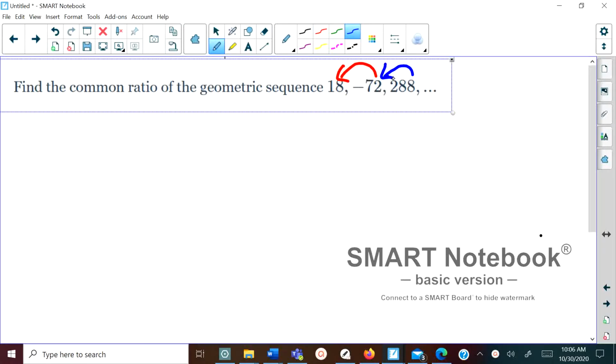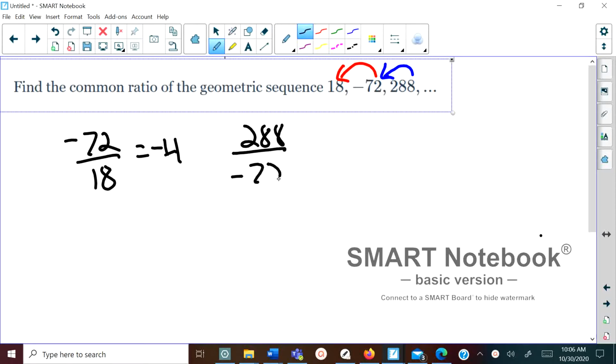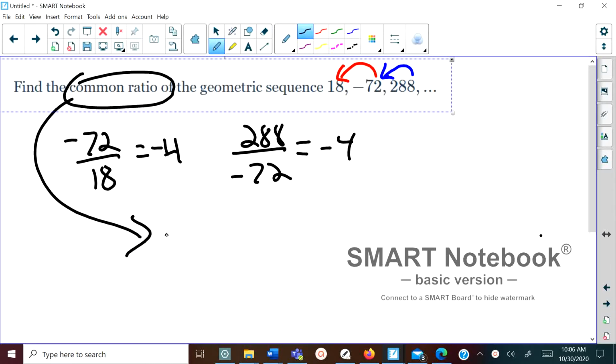So -72 divided by 18, type that in the calculator, and you get -4. And then 288 divided by -72, type that in the calculator, you get -4. So our common ratio is -4.